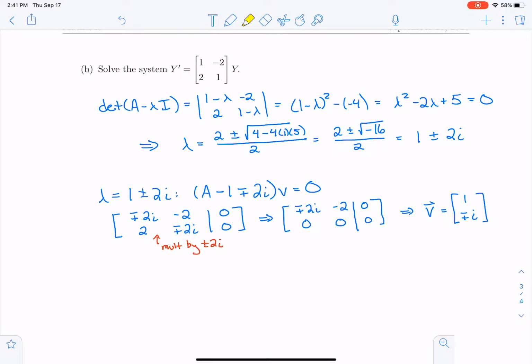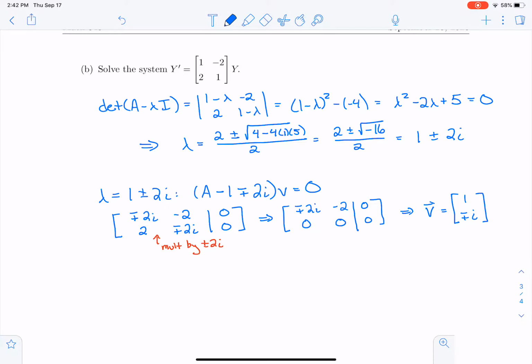Just take this row, multiply it by that column, and you will get 0, 0. And so what I'm saying is that the eigenvalue 1 plus 2i corresponds to the eigenvector [1, negative i], and the eigenvalue 1 minus 2i corresponds to the eigenvector [1, plus i].